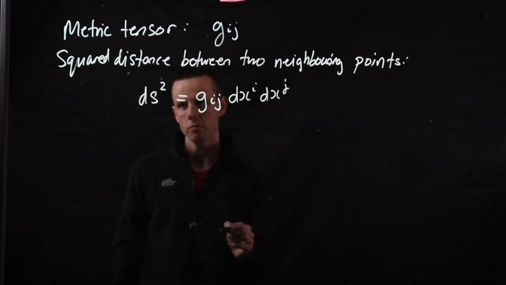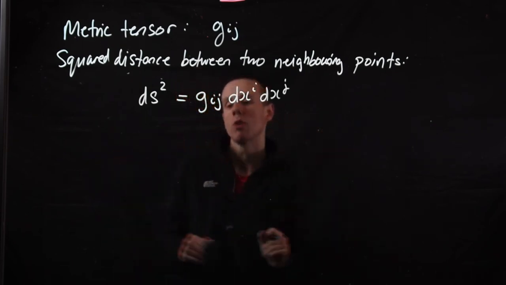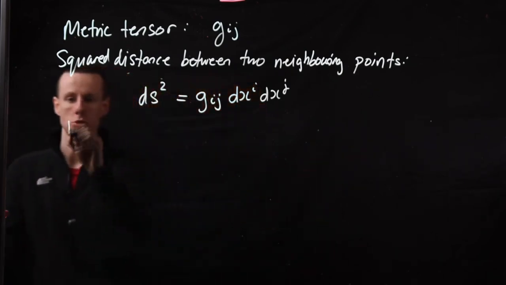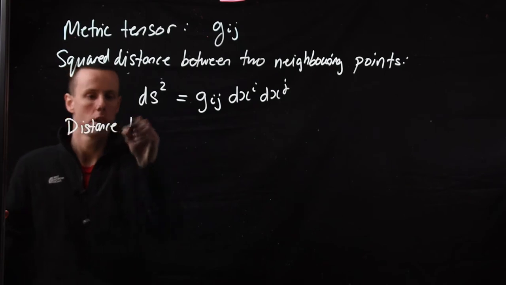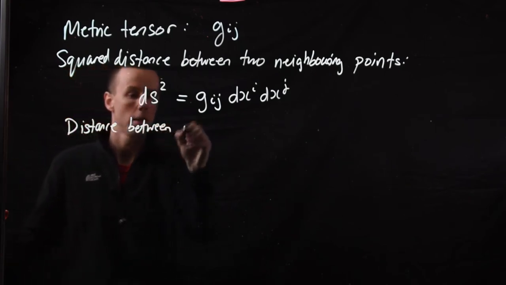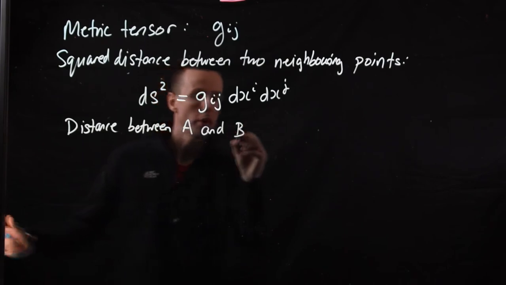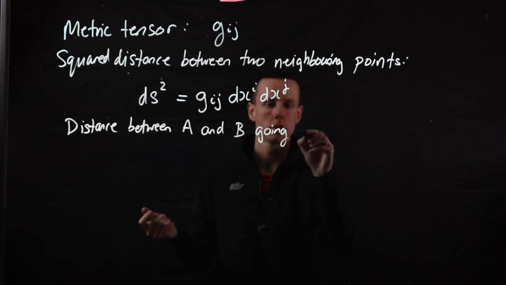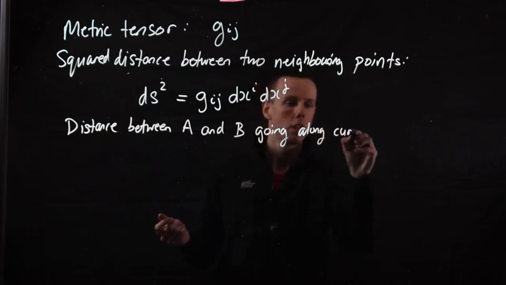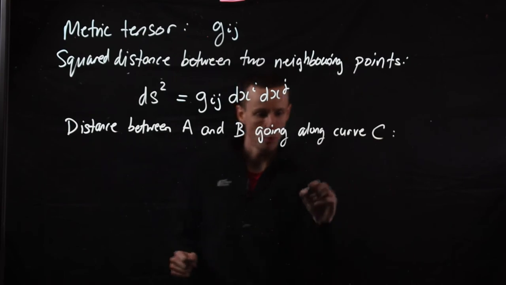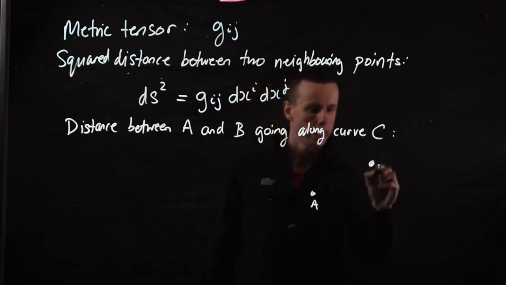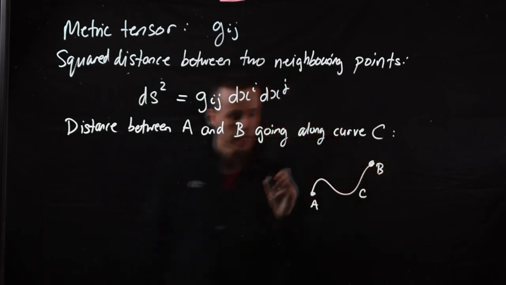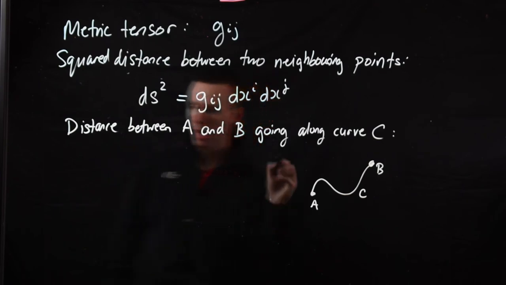And then if we want to find the distance between two points along a certain curve, say we want the distance between point A and point B going along the curve, which we will call C for curve. So we have a point like this, point A, a point like this, point B, and we go along some path, C. The metric tensor gives us a way of finding the length of that curve C, and it's as follows.